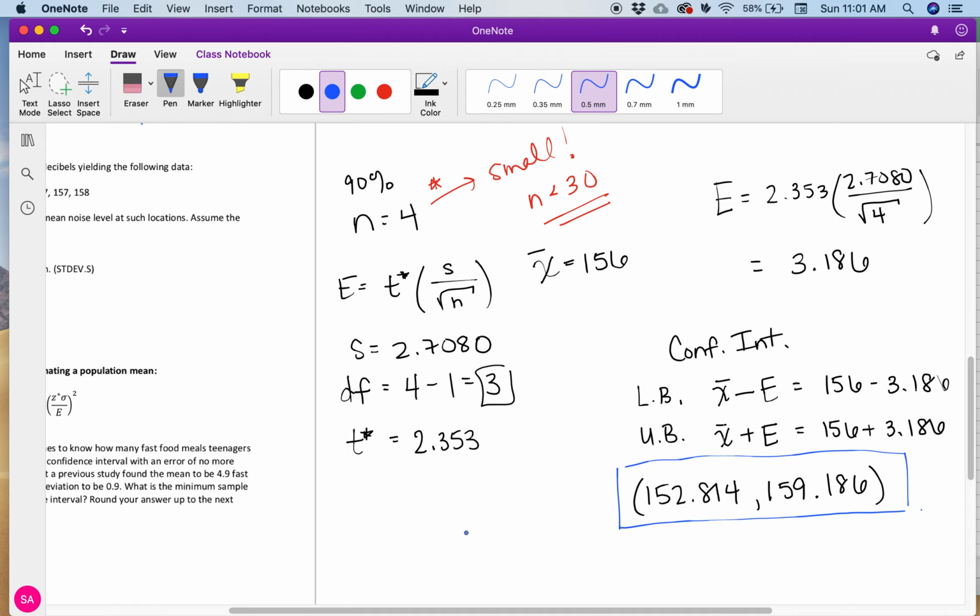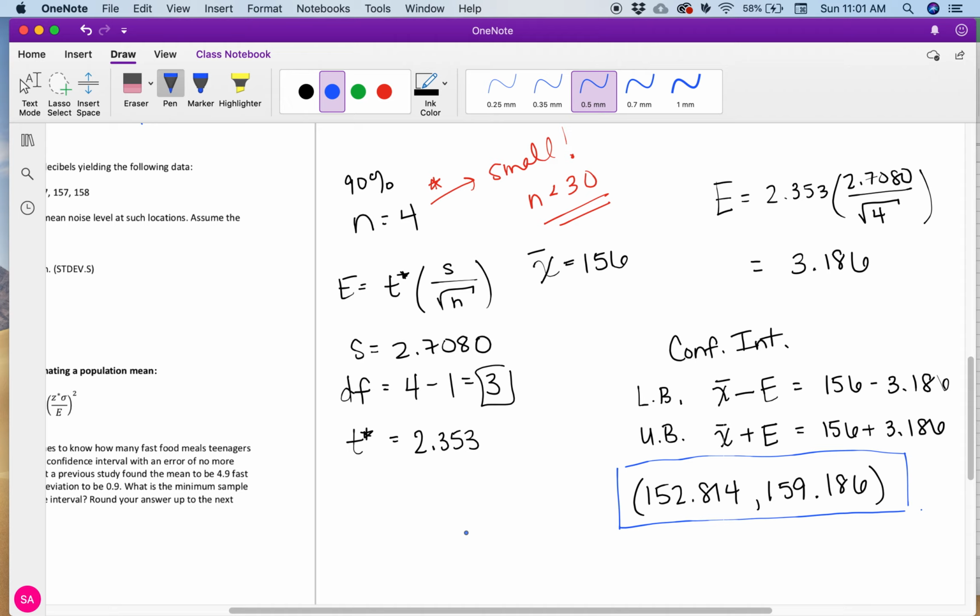So again, the process is essentially the same. You need the sample mean, you've got to calculate the error, and then you add and subtract the error to the mean to figure out the interval. What is different is just using the t-table to figure out your t-star value.